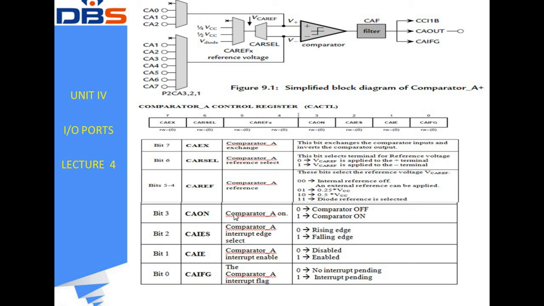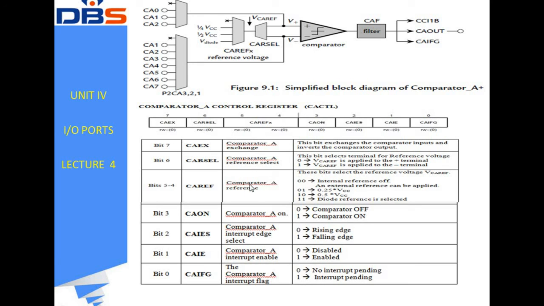See, CA on, comparator on bit, which shows whether the comparator is on or off. If it is set, then it is in the on position. If it is in reset mode, then it is in the off position. See here, bits 4 and 5, we are taking as 2 bits. Comparator A reference value.